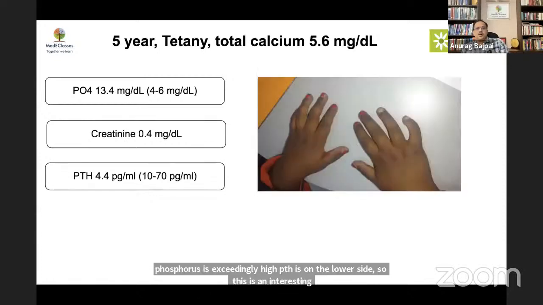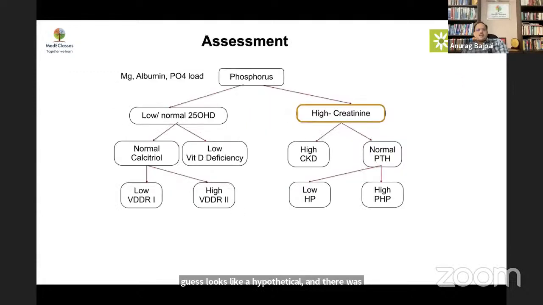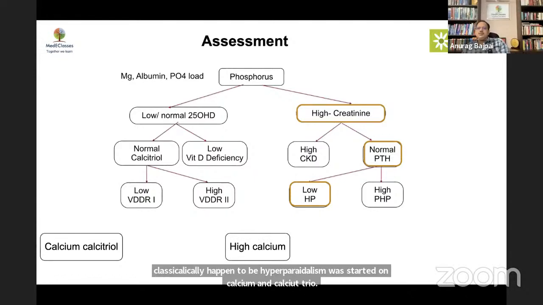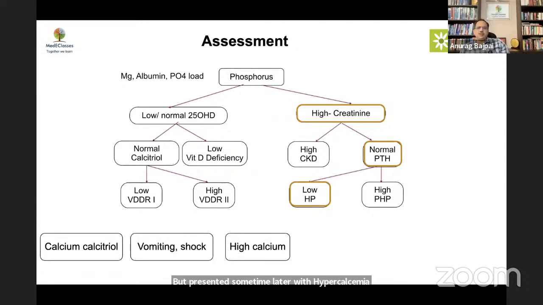Looks like hypoparathyroidism. And there was also pigmentation. This case classically happened to be hypoparathyroidism, was started on calcium and calcitriol, but presented sometime later with hypercalcemia, along with symptoms of weakness, lethargy, and hyponatremia. So this is a very, very important scenario.